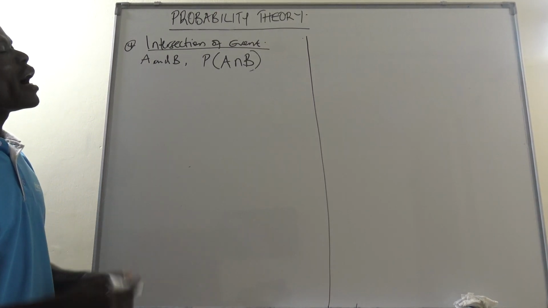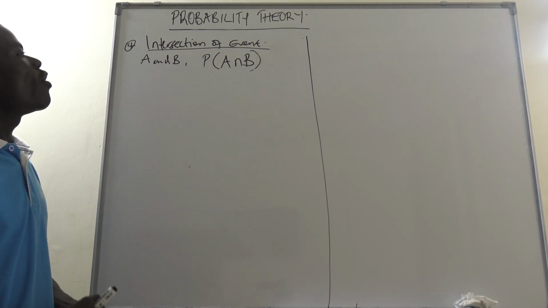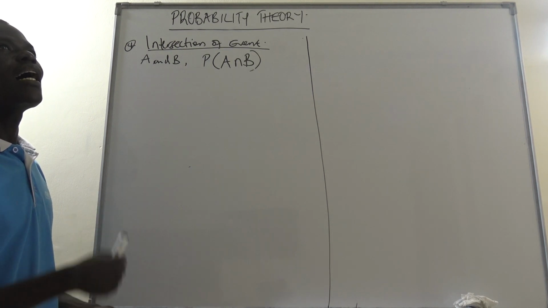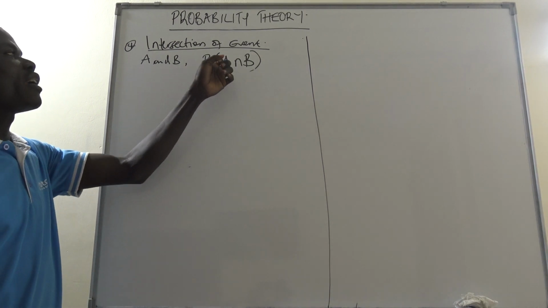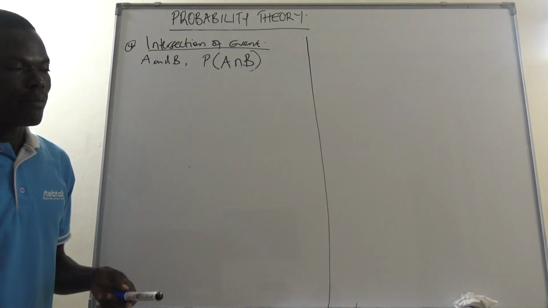So when you are given two events and asked to determine the probability of A and B occurring together, they mean the probability of A intersection B.